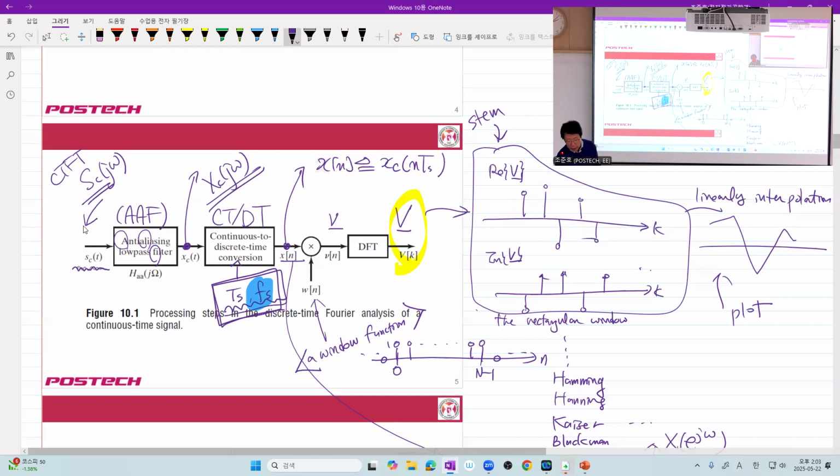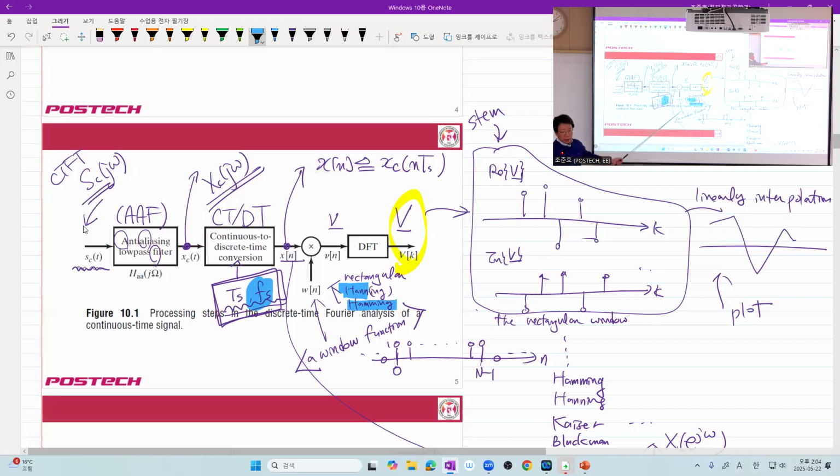By the way, this window function could be a rectangular window, or a Han window, or some people say Hanning window, and Hamming window. By the way, it was very confusing when I first learned. Han is the last name of the inventor, and Hamming is the last name of the inventor. So it's Hanning window, Hamming window. It may not be precise. Han window and Hamming window.